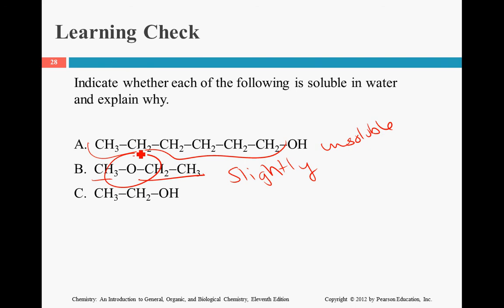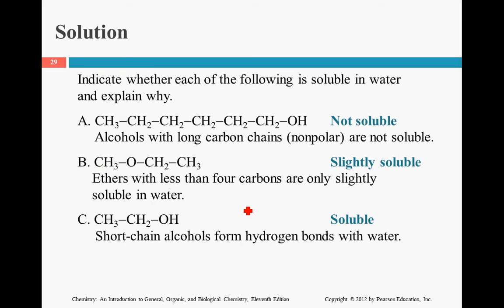Alcohols are soluble with 1, 2, and 3. Ethers are only slightly soluble with 1 through 4. And then we have 2 carbons with an OH group, so we have an alcohol with less than 4. That's going to make it soluble. And that is the physical properties of alcohols and ethers.